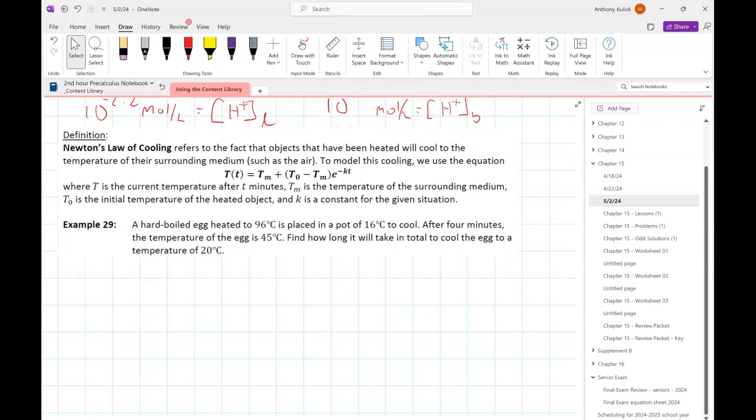Typically that's measured in minutes, and the constant is built to match whatever the unit is on the time. So if T is in hours, your constant would be different than if T was in minutes, even though you might be using the same substance, because that constant will be set so the units match up. Does everybody feel okay with what the symbols in the formula are representing?